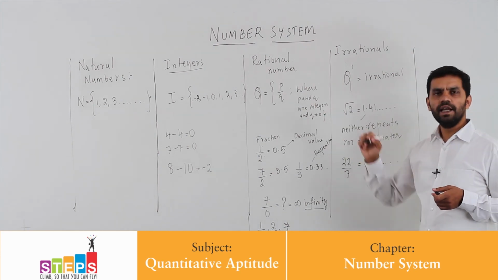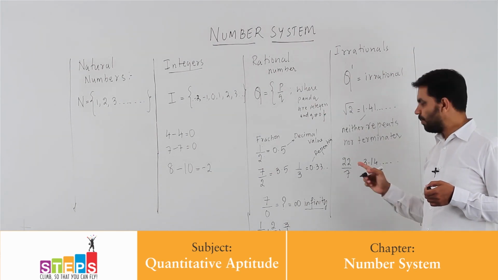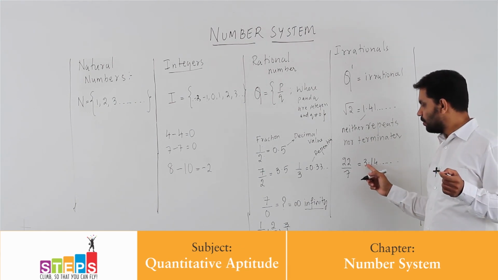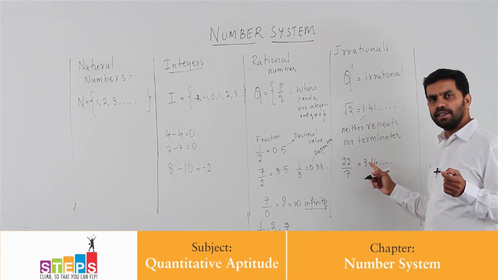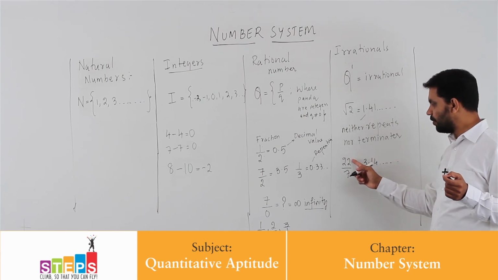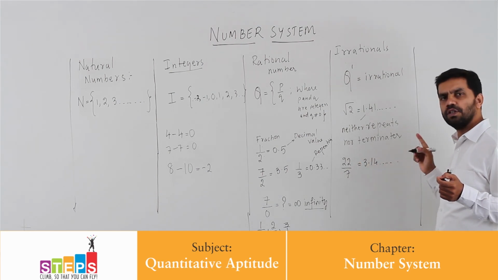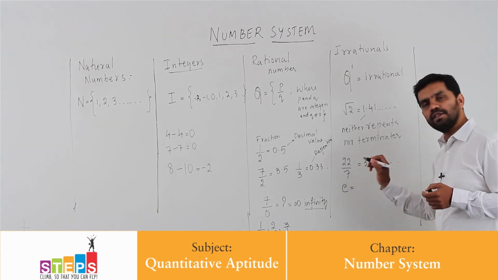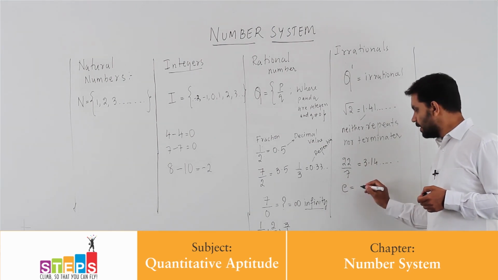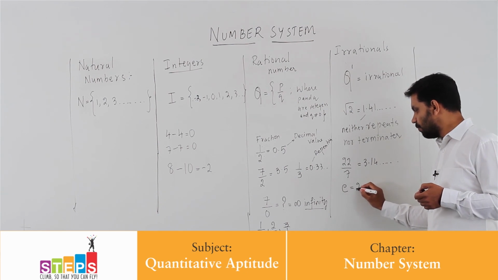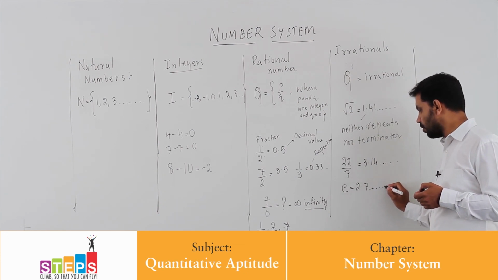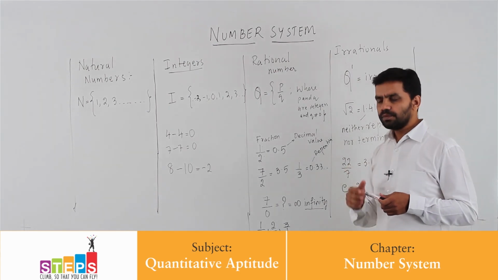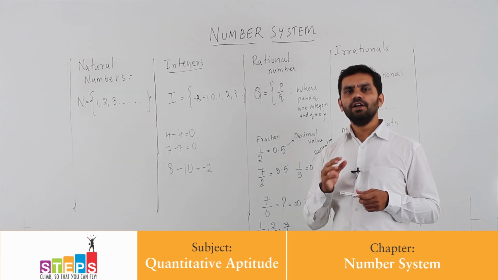Though it looks like a rational, it is put under the irrational category. The reason being, these are numbers which are neither repeating nor terminating. Again, there is a mathematical number called Euler's number, denoted by E. E is the value 2.71 and it continues like that, never terminating nor ending.